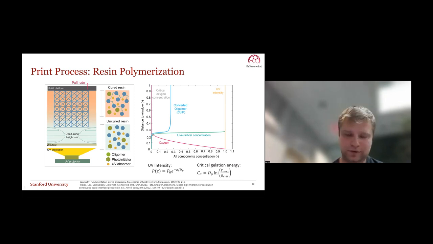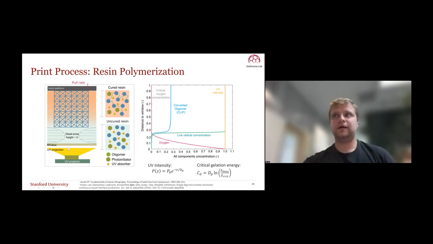Why this is important is because this liquid interface, the dead zone, is continuous throughout the print. So at no point during the printing process, if your parameters are all correct, does polymerization actually occur at the window. And so what that does is prevent the part from ever sticking physically to the window.